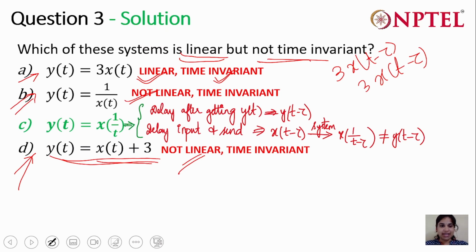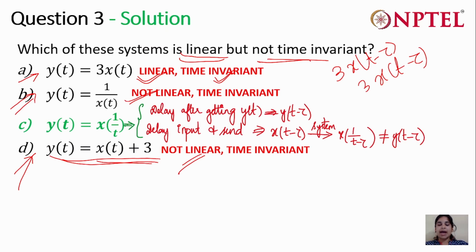If you check C, it is a linear system, but it is not time invariant. So if you directly delay y of t, I am going to get y of t minus tau, right? And then I am going to delay the input and then send. So I am going to send x of t minus tau into the system. So that I am going to get x of 1 by t minus tau.